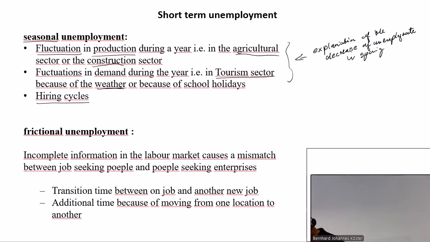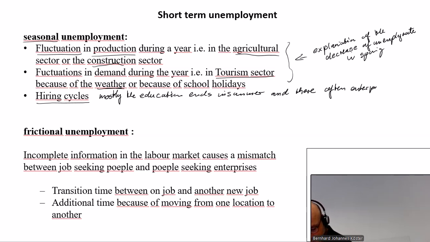So mostly the education ends in summer, and therefore often enterprises are starting to hire in autumn.